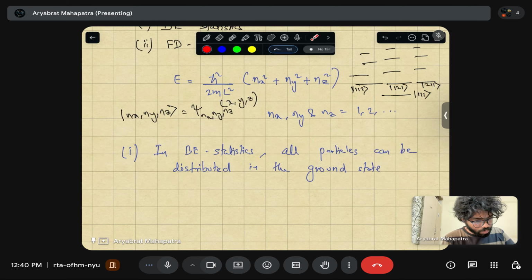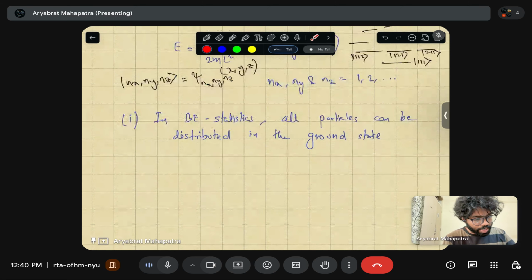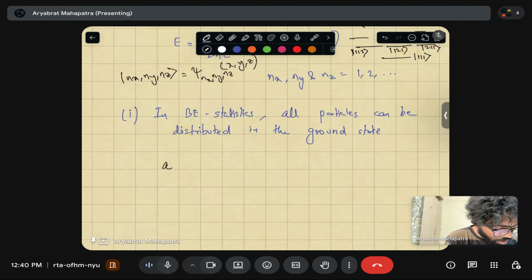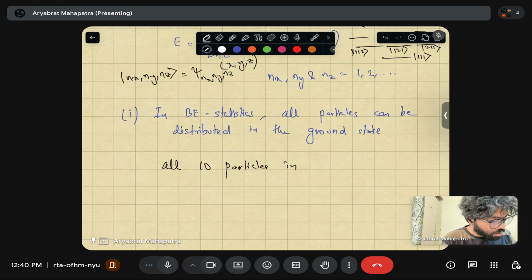So that means if there are 10 particles, you fill all 10 particles in the ground state. This will correspond to energy.